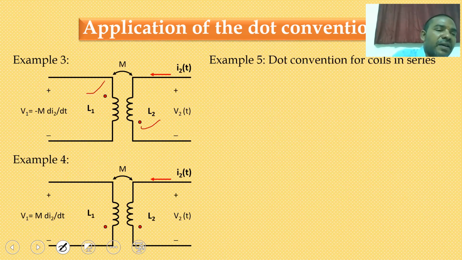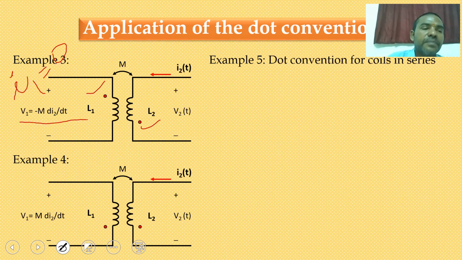The current in the primary side must be 0 because of the open circuit, but there is an induced EMF due to the I2 current. That voltage is V1 equal to minus M di2 by dt. Are you understanding? Why are you getting the minus sign? The polarities are changed. Due to polarity change, the magnitude never changes, only the sign changes.